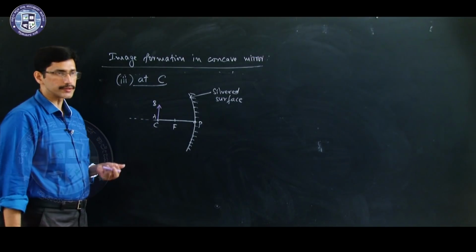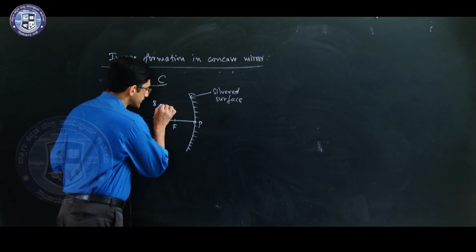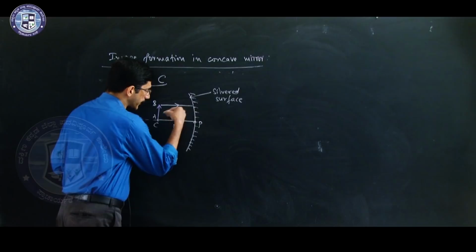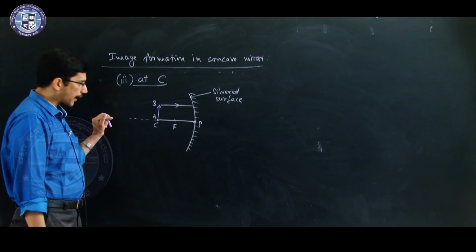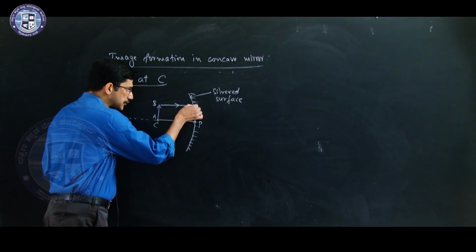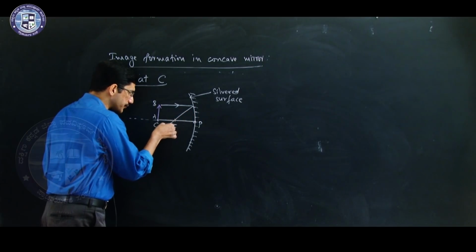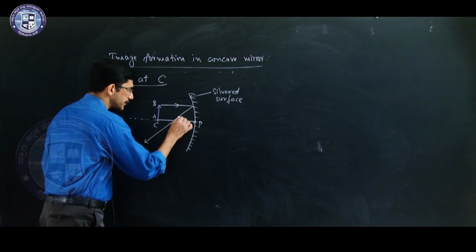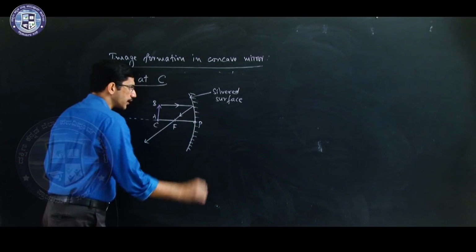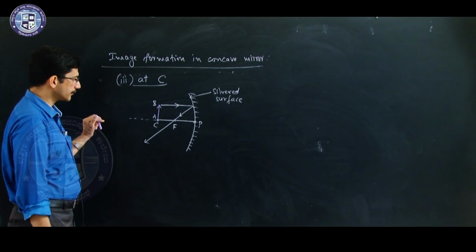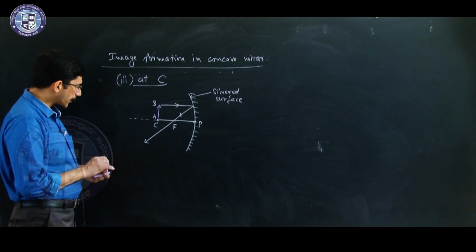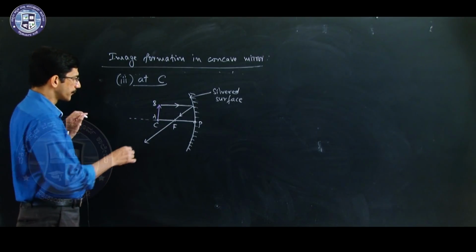You know that there are 2 rays for the image formation. You need 2 rays minimum. One is a ray parallel to the principal axis. The ray parallel to the principal axis, after reflection, passes through the focus. So, there is a ray that is passing through the focus, and you require one more ray.